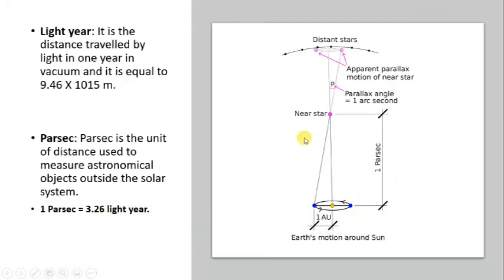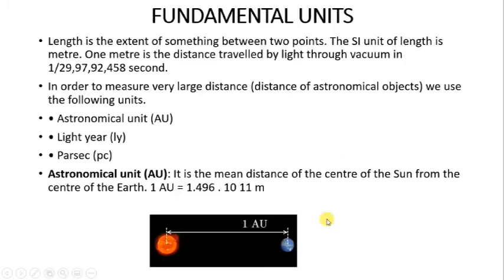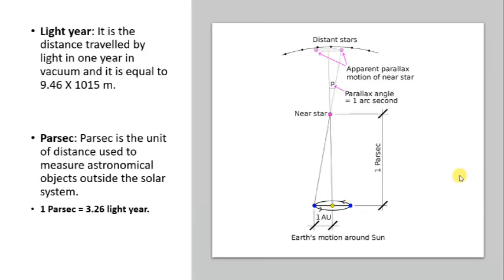See, this picture clearly explains what is 1 AU and 1 parsec. With the help of this picture, we can understand easily. This is the sun and this is the earth. One astronomical unit is nothing but the mean distance of the center of the sun from the center of the earth.